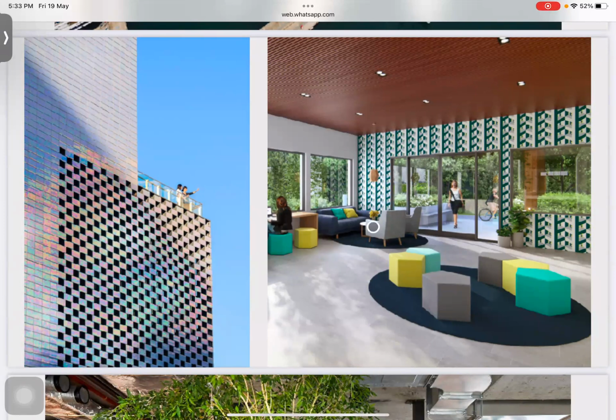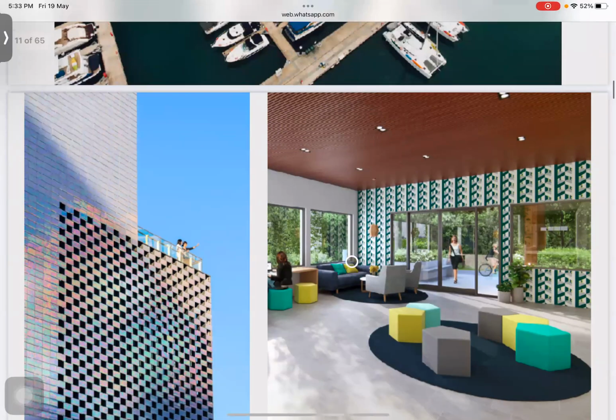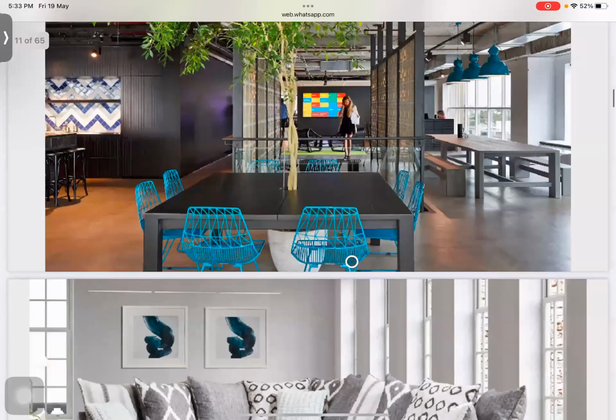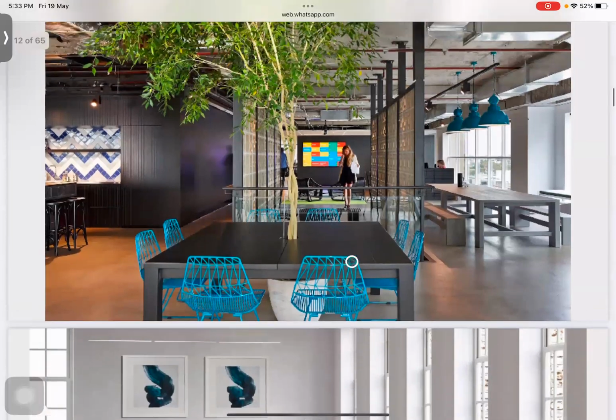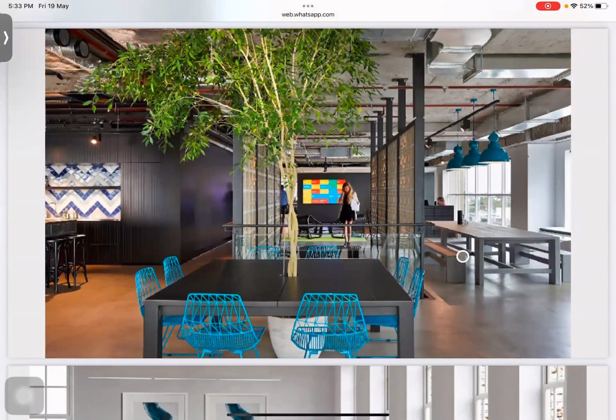Over here, these cubes and furniture are placed in certain zones and groups, clearly representing proximity. Again, the different kinds of dining areas: all the dining areas are different from each other, so things which are different are placed apart, and things which are similar are placed together.